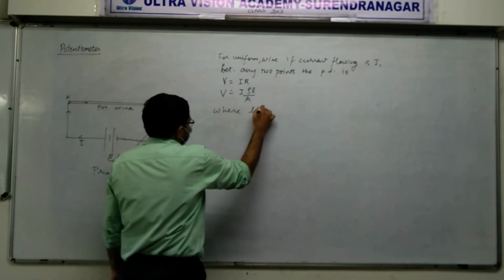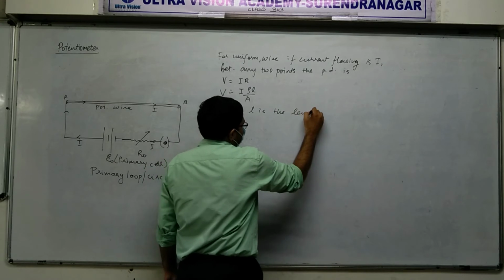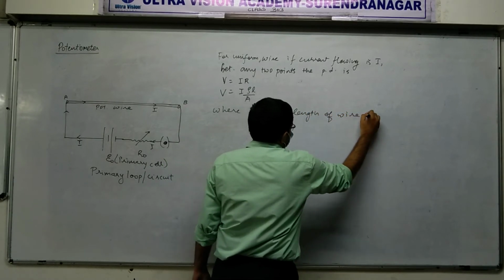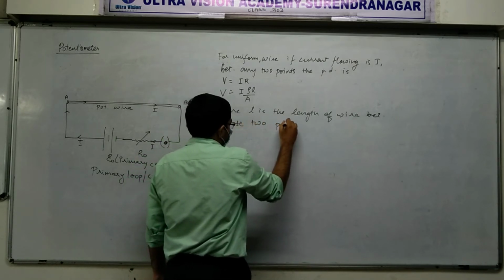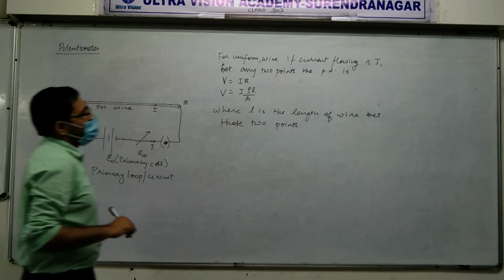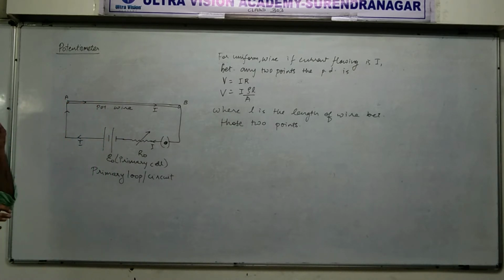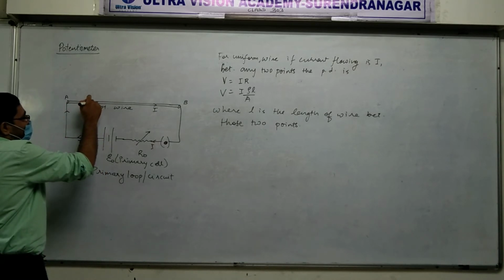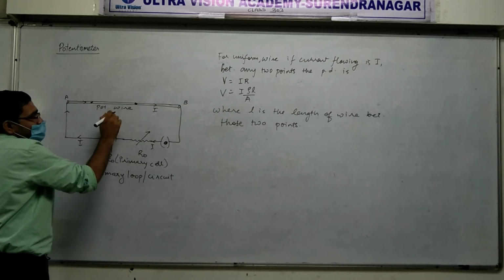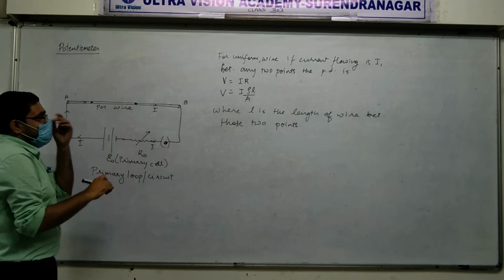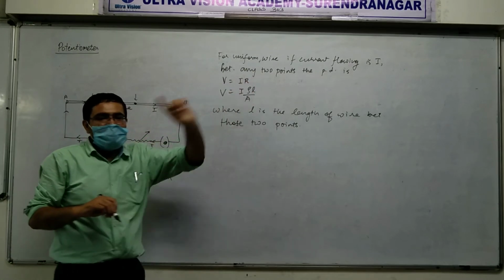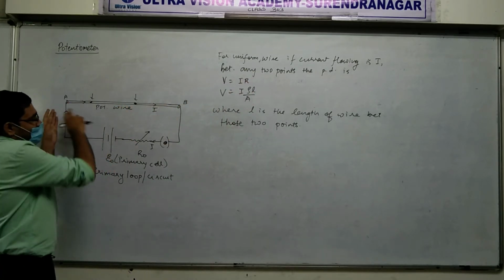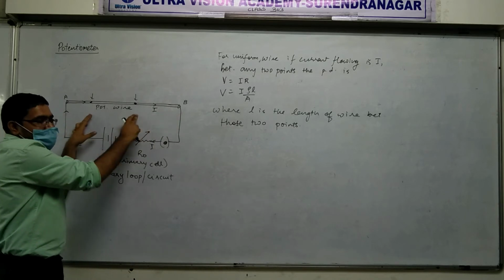So between any two points, like for example one here and one here, if I want to find what the voltage between this point and this point, then that voltage will be V equal to I into R, but R will not be the resistance all the way from A to B. R will only be the resistance of that portion.